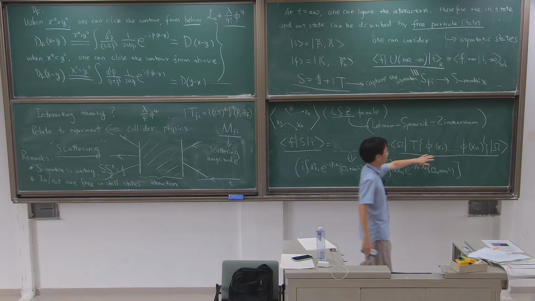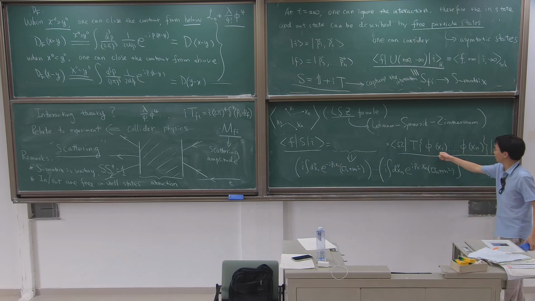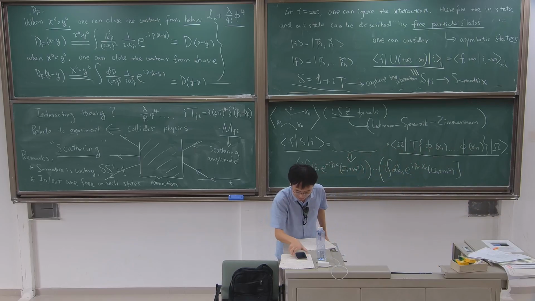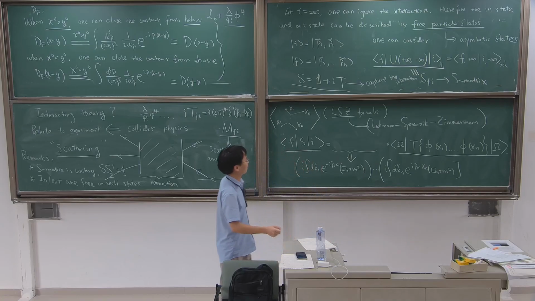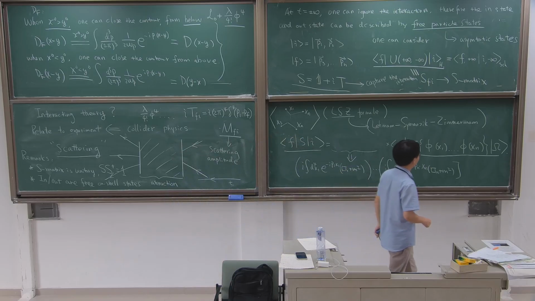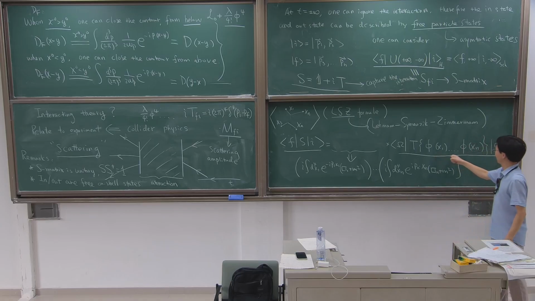Okay? So this is what we call the n-point function. Actually, very soon, depending on how much time we have, we will see how to derive this kind of diagram in a concrete way. We have 10 minutes. Maybe.